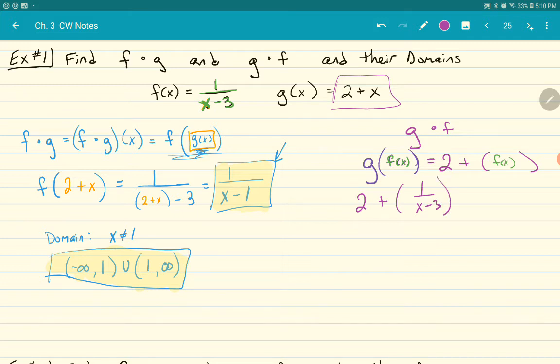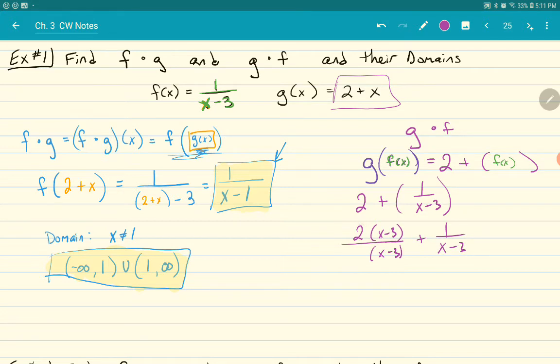And adding those together, I need to get a common denominator. So to get 2 with a common denominator, I need to multiply by x minus 3 over x minus 3. Adding 1 over x minus 3, I get, let's see, what do I get?